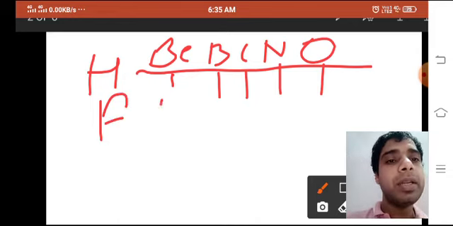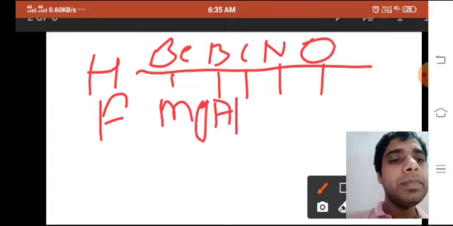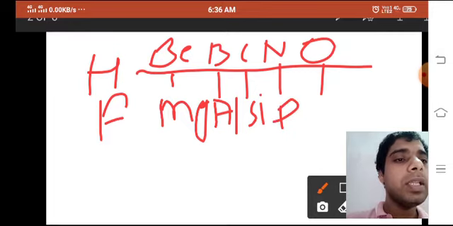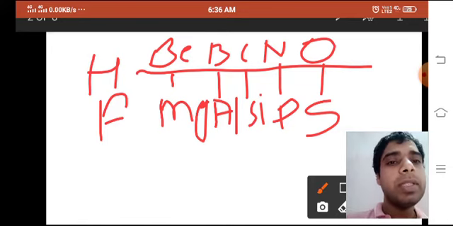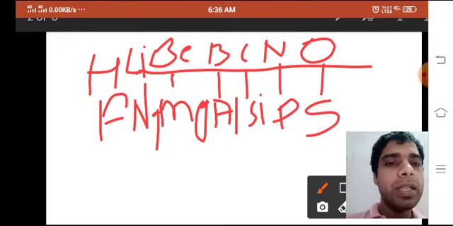Then after that magnesium, 12, then aluminium, then silicon, then phosphorus, then sulfur. Again you move on. Here you can place lithium, and then sodium.